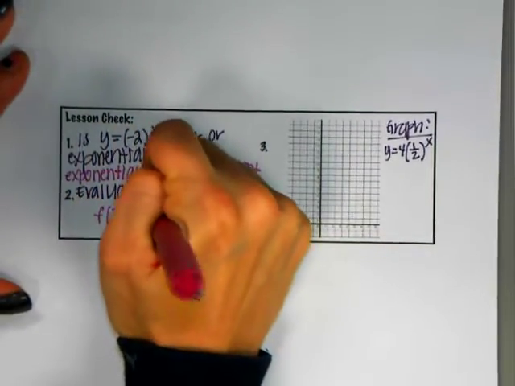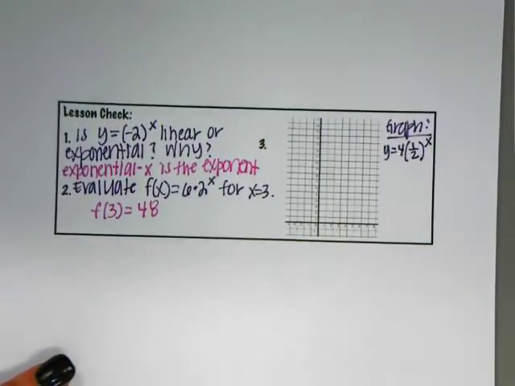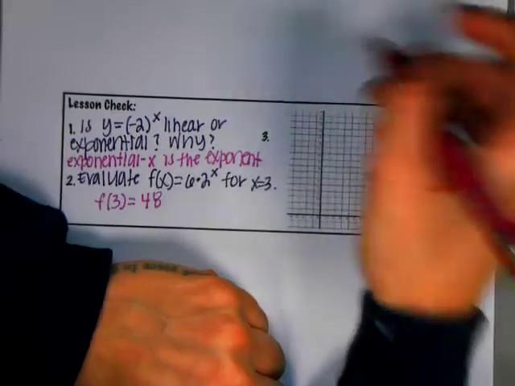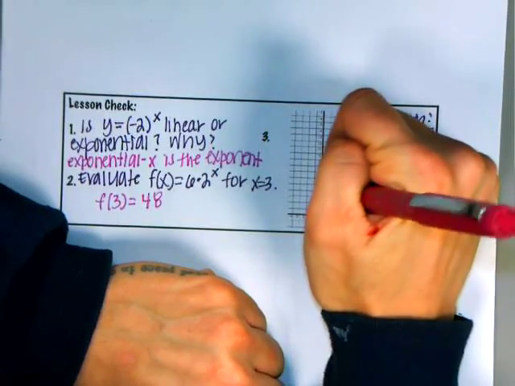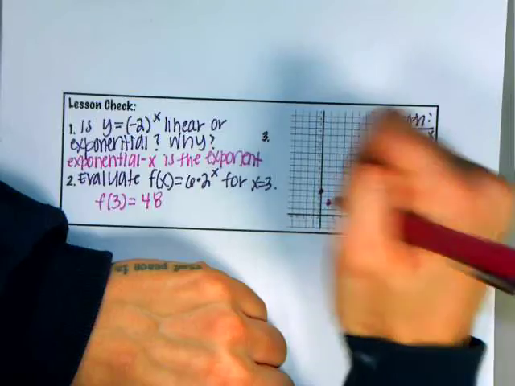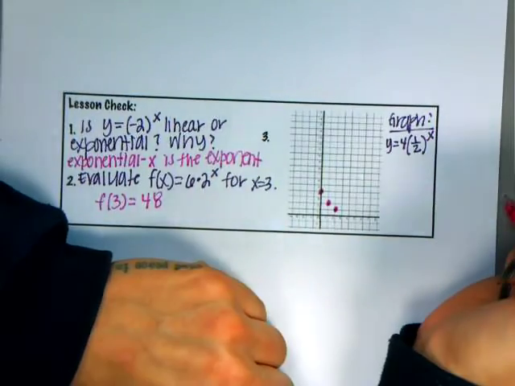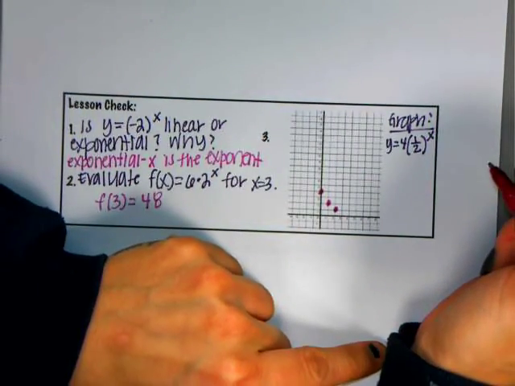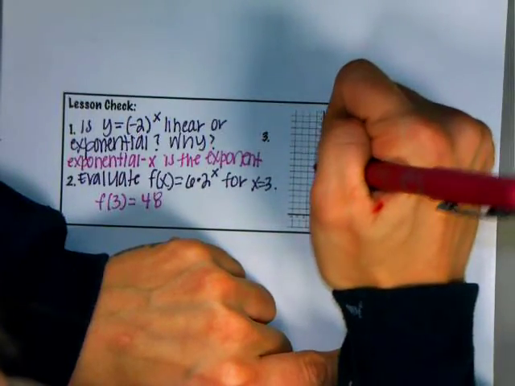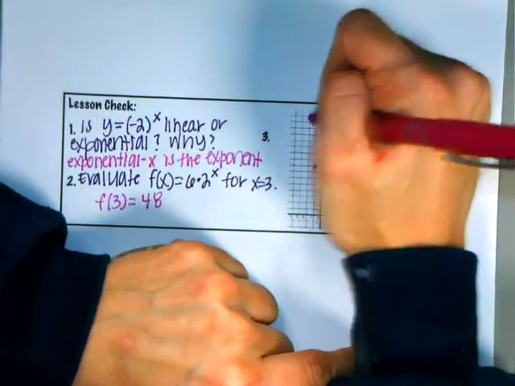Yep, 48. All right, and then for this one, your y-intercept is 4. And then 1 would be 2, 2 would be 1. And then -1 would be 8. And then 16 would be -2. So it should look like this.